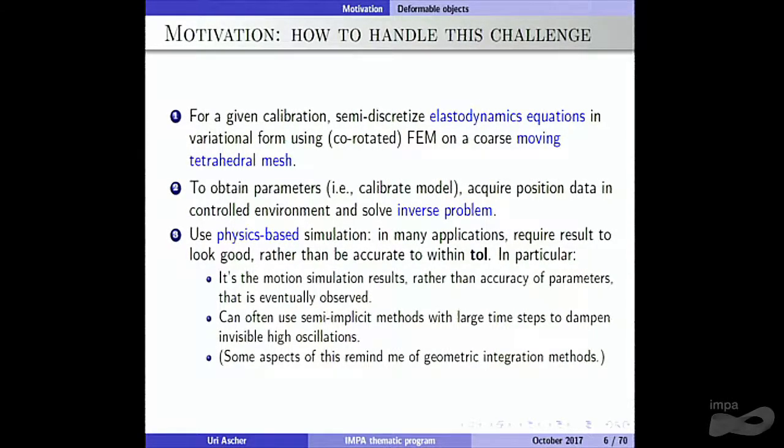And so it's the motion simulation, rather than the accuracy of the parameters, that is eventually observed. So sometimes you can have a significant error in the Young modulus, and still the motion looks okay. It agrees. I'll show you an example of that. Okay, so that can be a saving grace here.